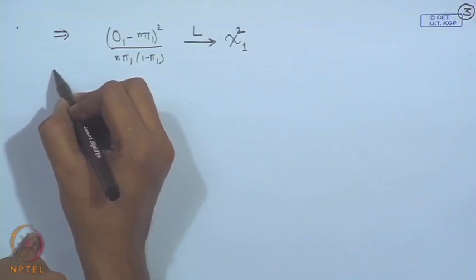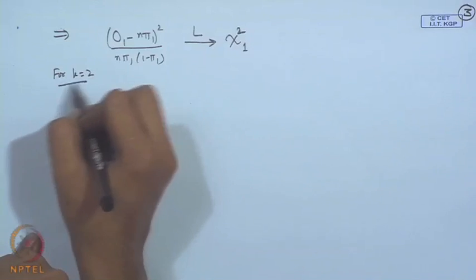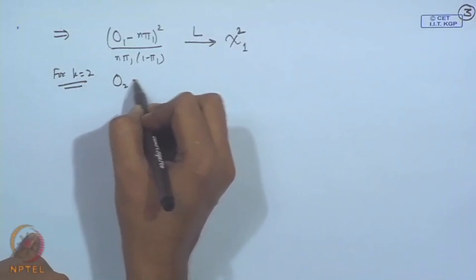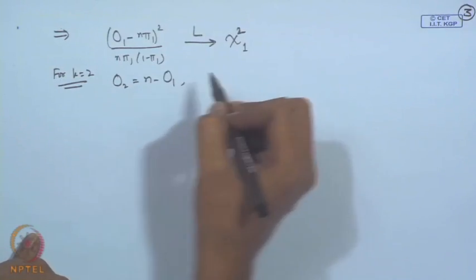Now, for k equal to 2, we will have O2 is equal to n minus O1.